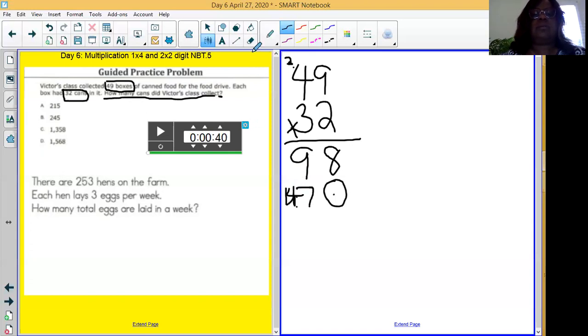To make this a little bit neater, so this should be 14.